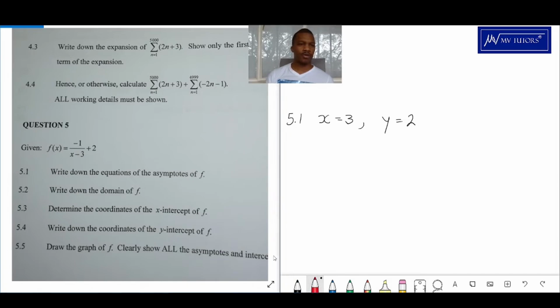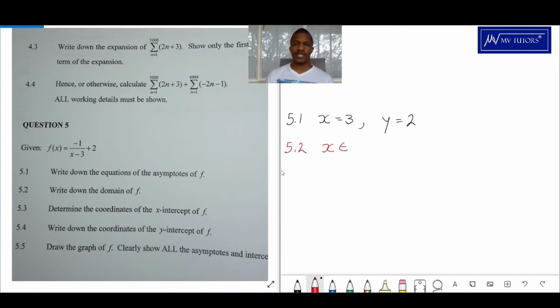Cool, that's all. And then 5.2, write down the domain of f. So the domain, remember, has to do with the x, and x is an element, and we have an asymptote at 3, meaning it doesn't include 3.